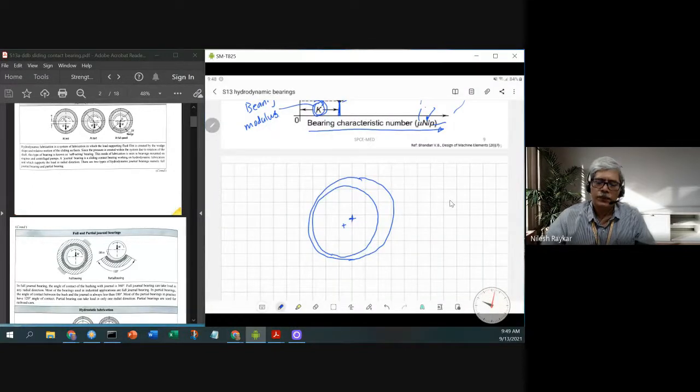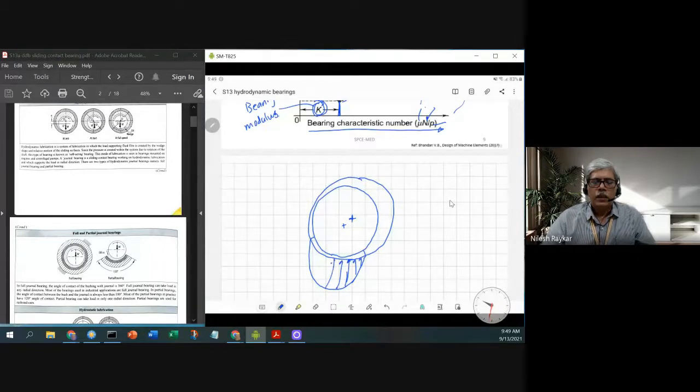In between them there is a zone where the pressure starts building up. Pressure starts building up at one particular point, and at every point there will be some pressure generated. If I plot the pressure variation across the wedge, you will find that the pressure gets distributed across this wedge as shown here.